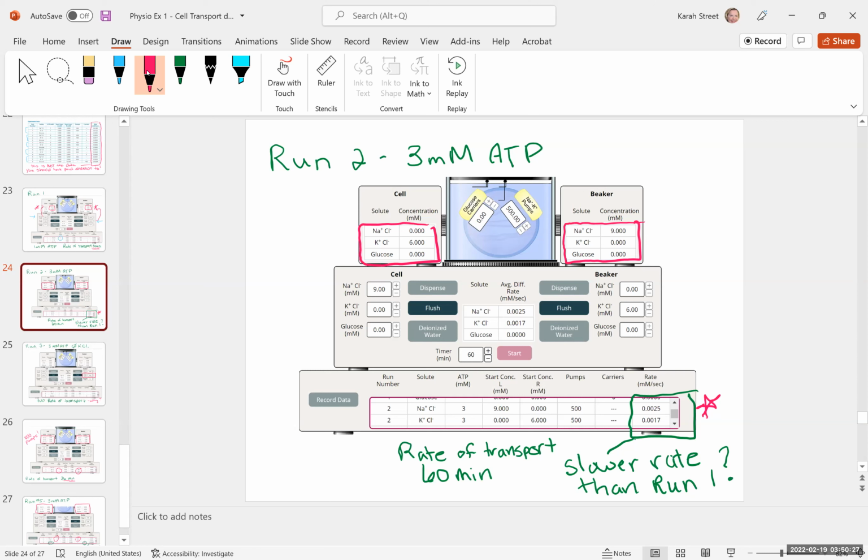The rate of transport was 60 minutes. We went for a full 60 minutes, and notice that we completely moved all the 9 millimolar of sodium to the other side, and we moved all the 6 millimolar potassium to the opposite side. We went to completion.